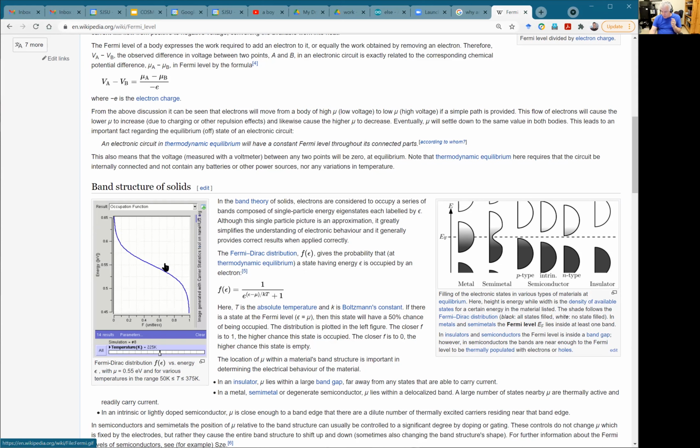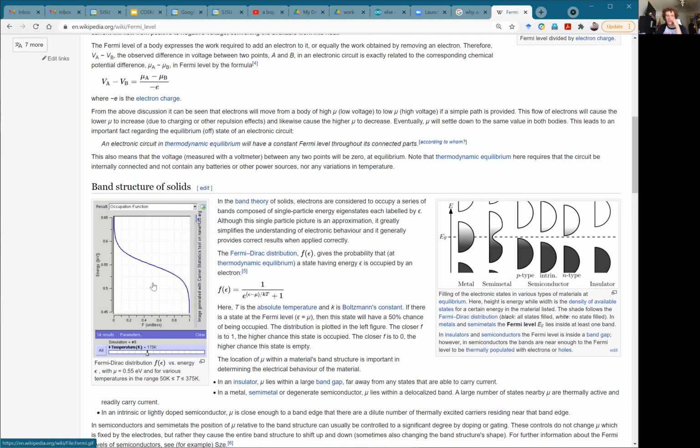So what does it mean that as T increases, we get more higher energy electrons and fewer lower energy electrons? Who can answer that question? It would mean that the electrons are being excited. Exactly. What electrons are being excited to what states?